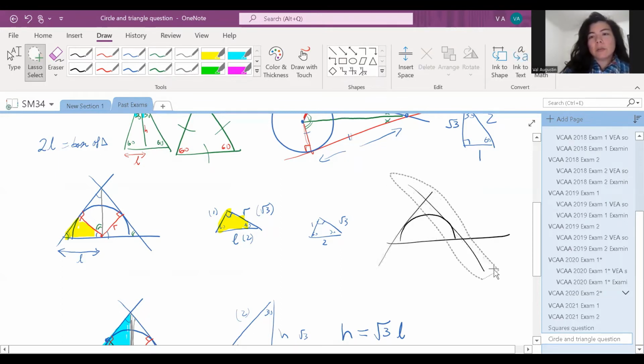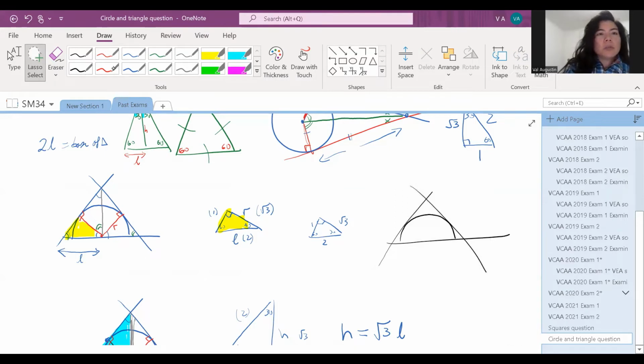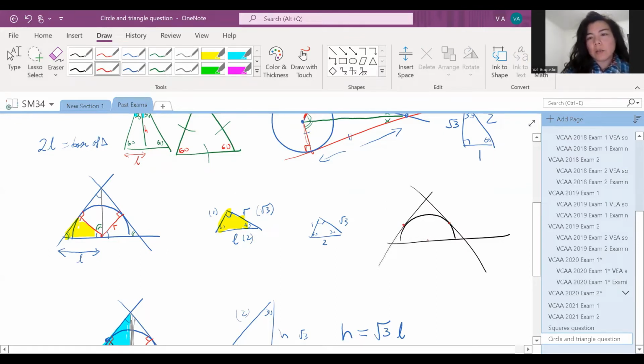Okay, and that one can go a little bit further away. Nice. Okay, so we can label these intersection points, as they are definitely the points where the tangent is meeting the radius. And so these red lines are the radius here.